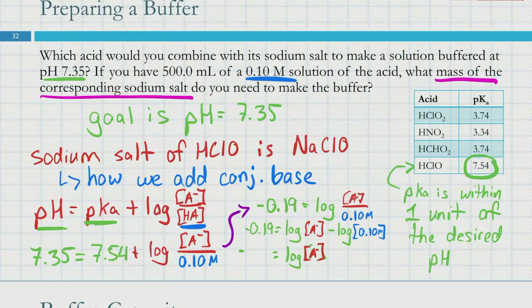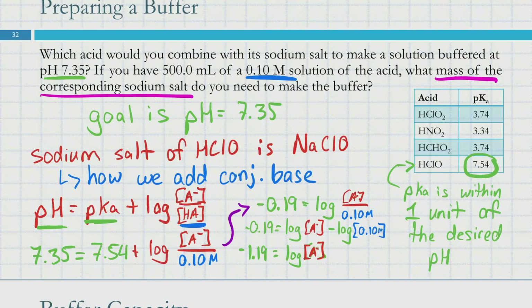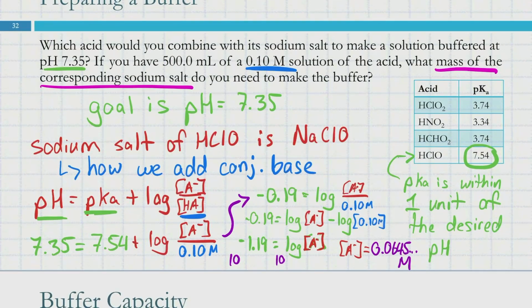So we get minus 1.19 equals log of A minus. If we do the 10 to the both sides thing, do an anti-log, 10 to the minus 1.19 means our concentration should be 0.0645 molar for our conjugate base.